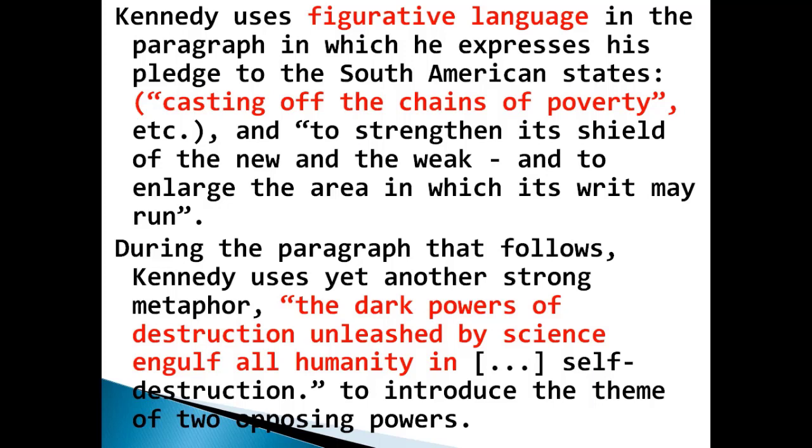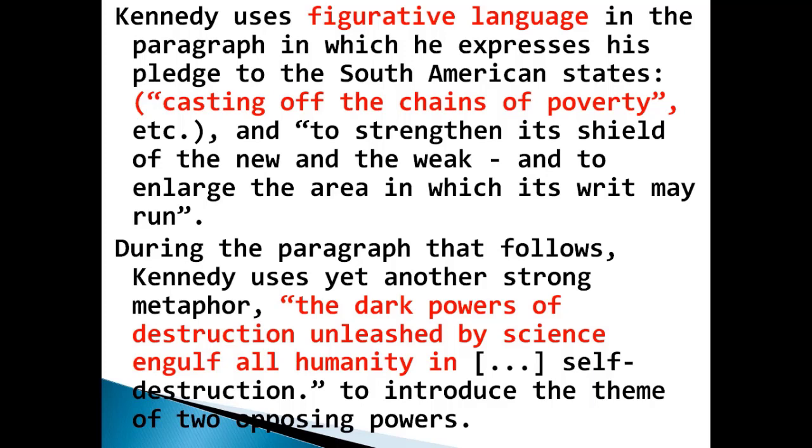During the paragraph that follows, Kennedy uses yet another strong metaphor. It means comparing two things indirectly. The dark power of destruction unleashed by science engulfs all humanity in self-destruction, to introduce the theme of the two opposing powers.